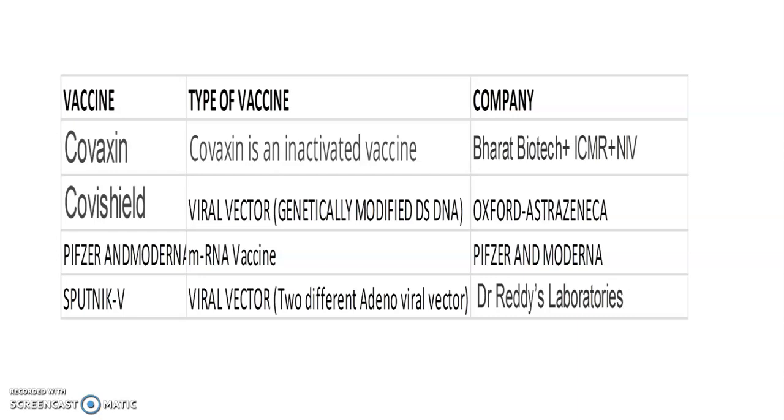But Covishield is a viral vector vaccine. It is an engineered viral vector vaccine developed by Oxford AstraZeneca, employing a more established technique, the viral vector vaccine. The vaccine uses a bioengineered version of a harmless common cold virus found in chimpanzees to instruct human cells to make antigen.